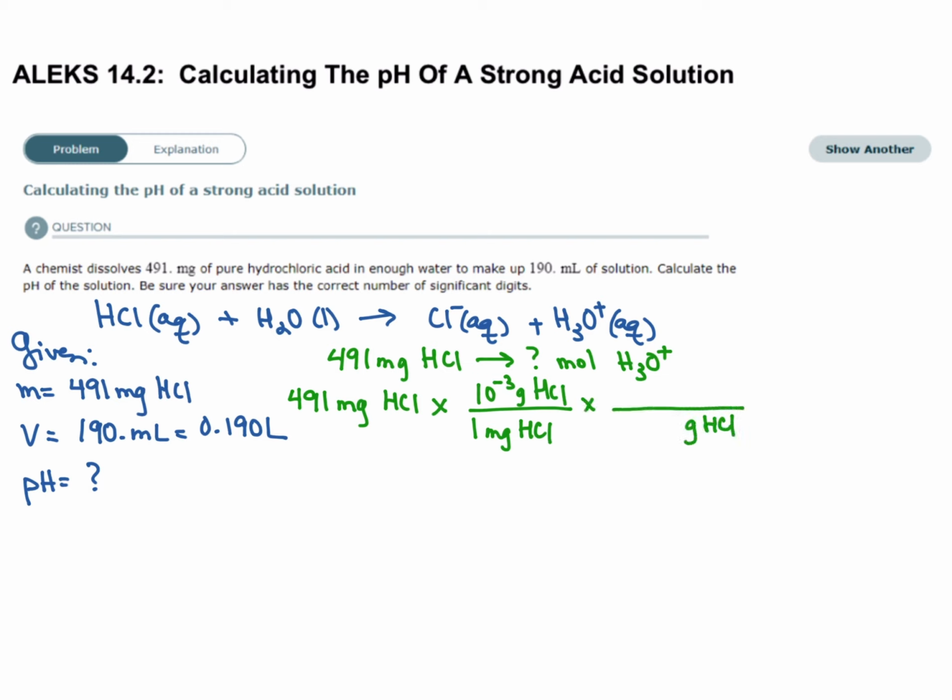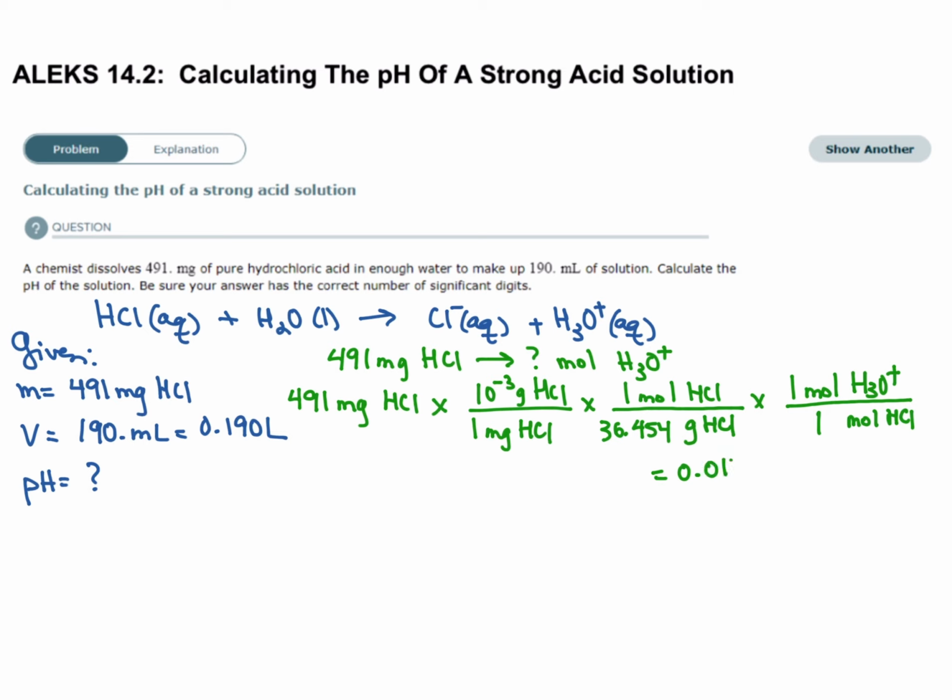Grams in the denominator. I can get grams of HCl from the periodic table. This equals 1 mole of HCl. Take a look at the balanced equation. For every 1 mole of HCl, I have 1 mole of H3O+.